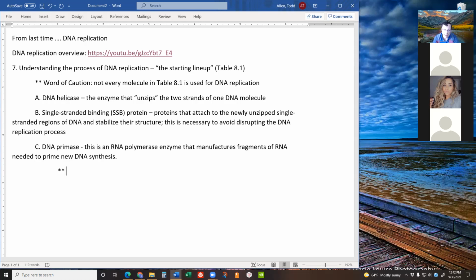This piece that I'm highlighting says that DNA primase is an RNA polymerase enzyme that manufactures fragments of RNA needed to prime new DNA synthesis. So the observation that we need to use RNA to get DNA is somewhat suggestive that RNA was created on our planet before DNA. Is it definitive proof?